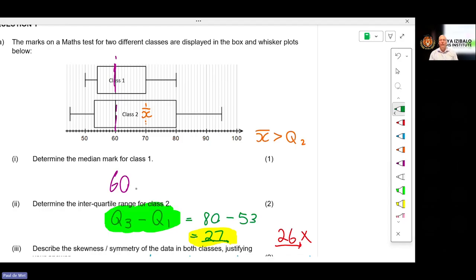How are we going to answer this? What do the quartiles tell us? The quartiles tell us about 1/4 of the data. What's 1/4 as a percentage? 25%. So we're looking for what mark do 75% of the people get more than that mark?